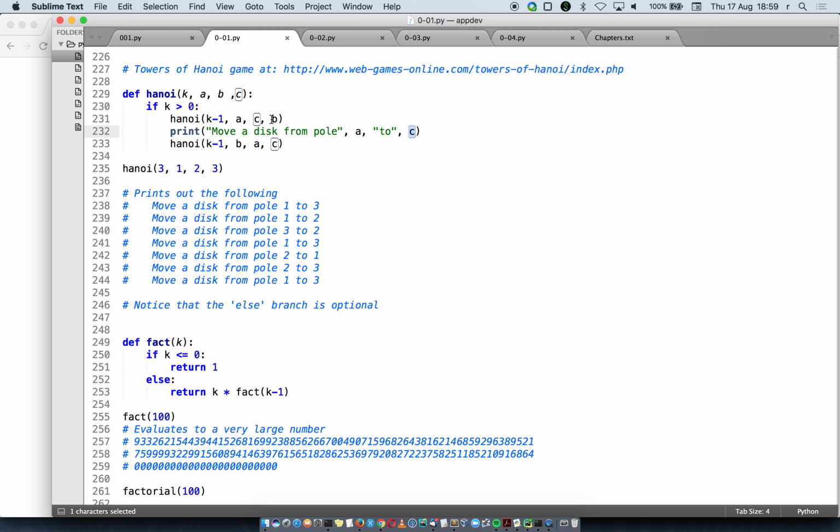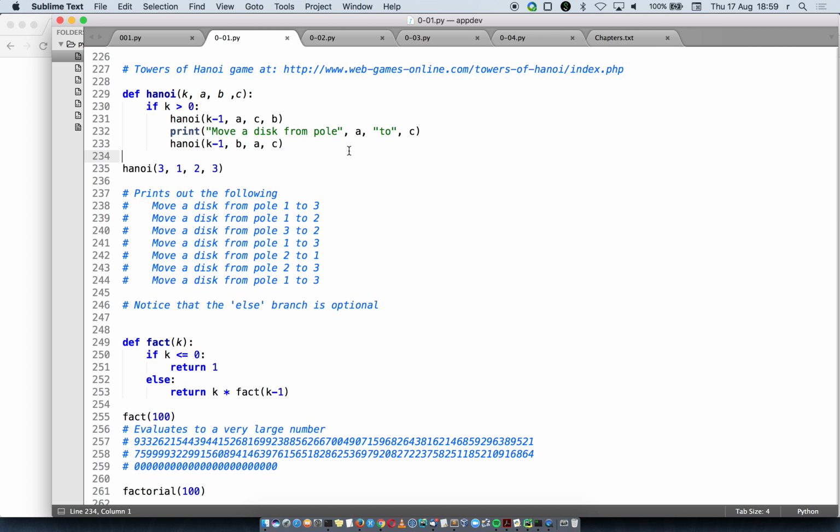They were left here, so I'm going to move them from B to C, which was the final destination, using A as an intermediate pole. And this is the solution. This is a seemingly complicated problem, but it has an extremely simple solution, okay?